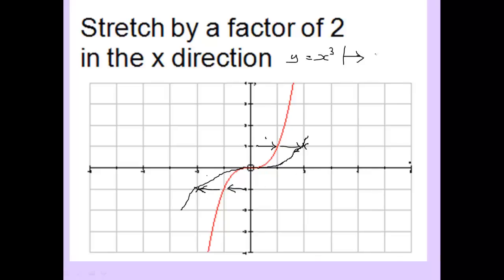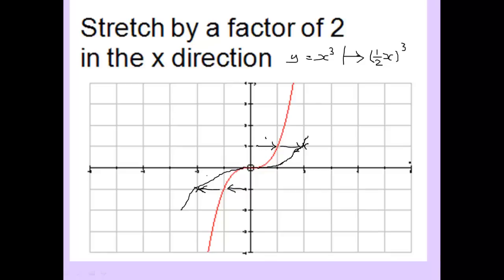And what we do is we put 1 over 2 in front of the x, bracket it, and cube it. So that's actually the function we get. How does that work? Well, we want to get this point here.